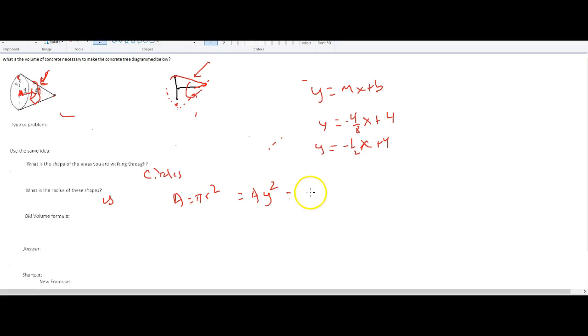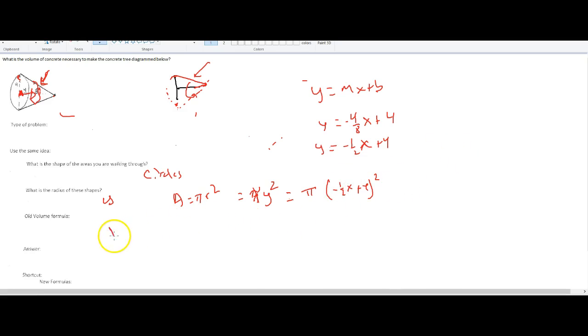Now that I have that, I can write that my area formula is going to be equal to pi, this should have been a pi, times negative 1/2 x plus 4, that whole thing squared. So how do I find the volume using my old volume formula? We're going to integrate this thing, right?